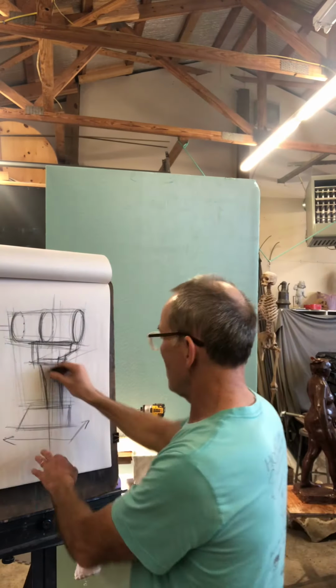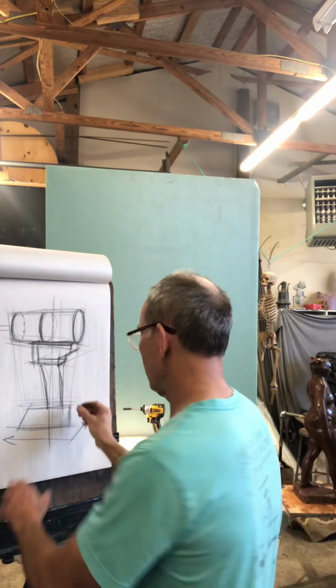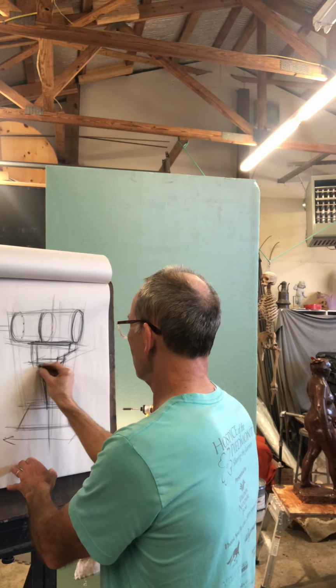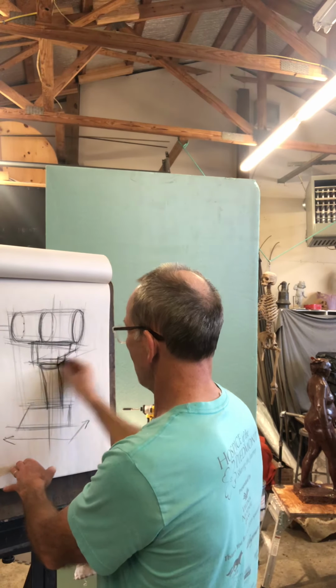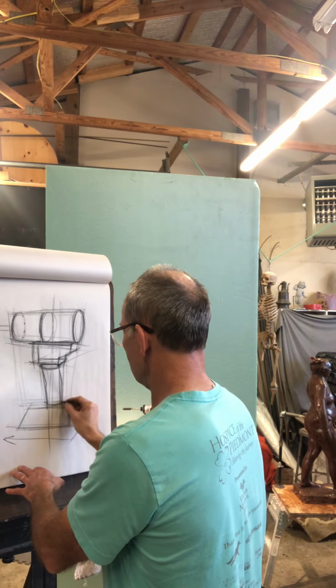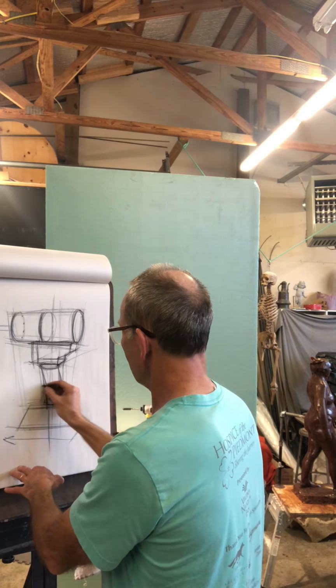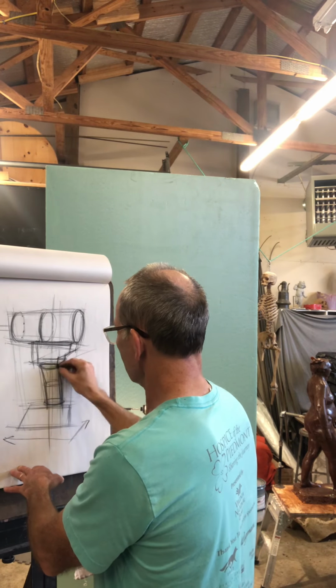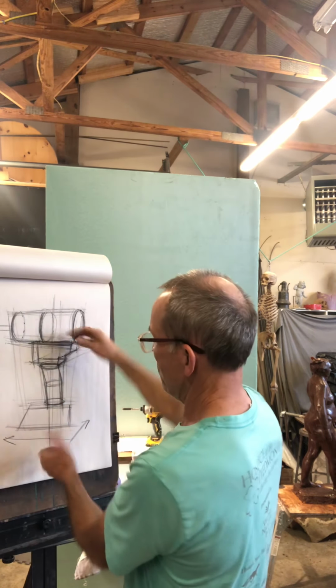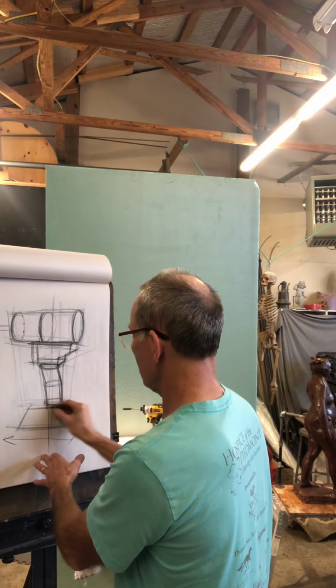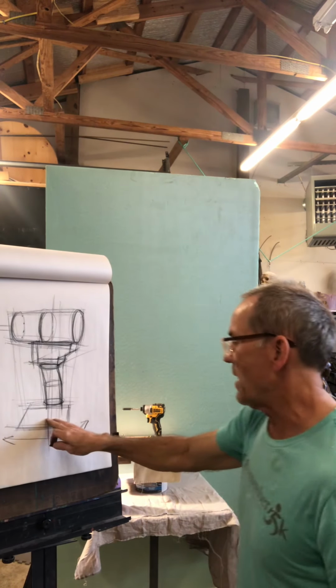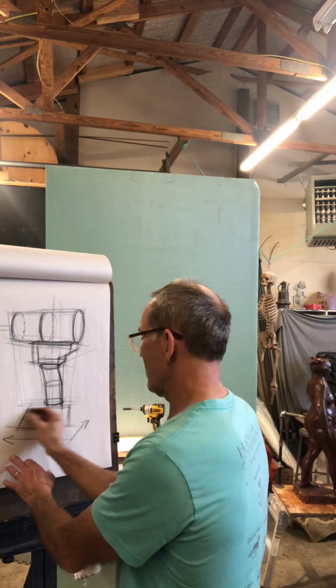And then the handle down here is like a squished cylinder. I'm going to draw, looking down on it, so I'm going to see the top of it, see the bottom of it, and throw in an extra construction line. Whenever you've got kind of a long distance, just throw in an extra construction line. And then this bottom part here, again, is like a rectangular solid.